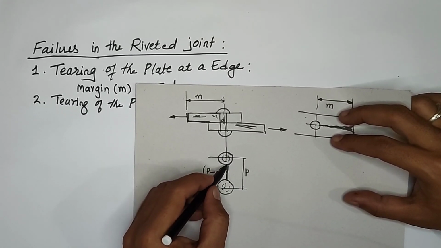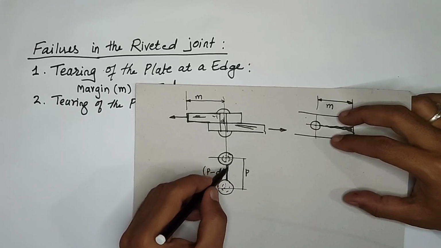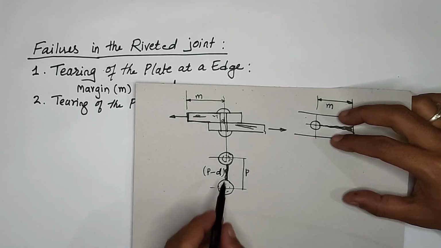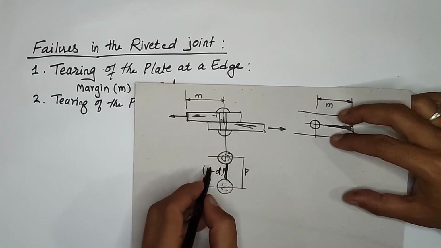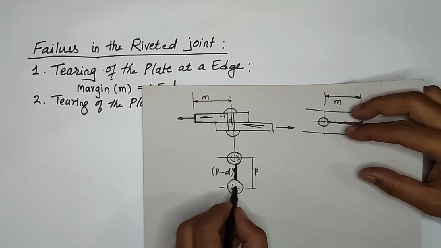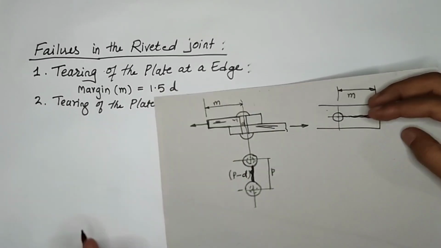If you do not maintain a proper distance from one rivet to another, tearing may occur in the plate between them. To avoid that, we have to use this equation to give a proper distance.